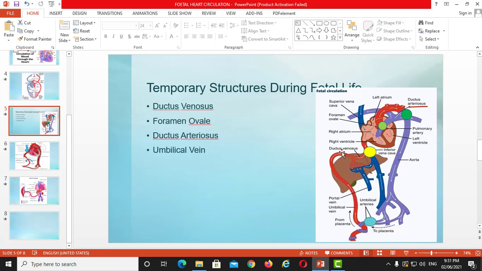After that, the umbilical vein is converted into the ligamentum teres. Then as soon as the child cries, the foramen ovale becomes the fossa ovalis. Then ductus arteriosus becomes ligamentum arteriosum, and ductus venosus becomes ligamentum venosum.